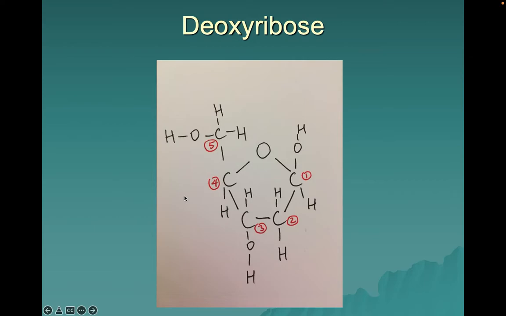These numbers are going to be important further down the line when we look at the direction of DNA strands, because they are often used in books to describe the direction of the strands.